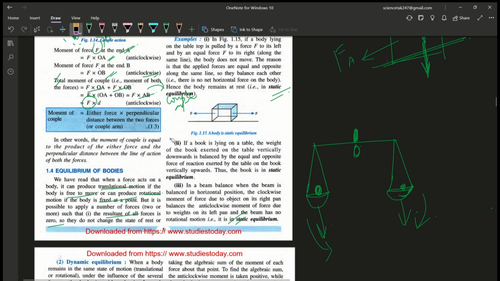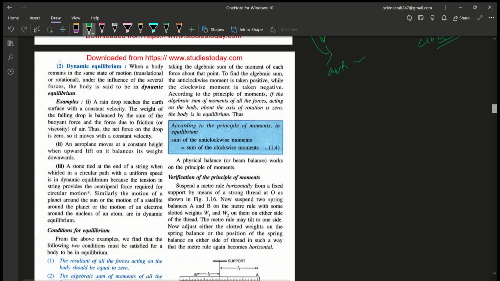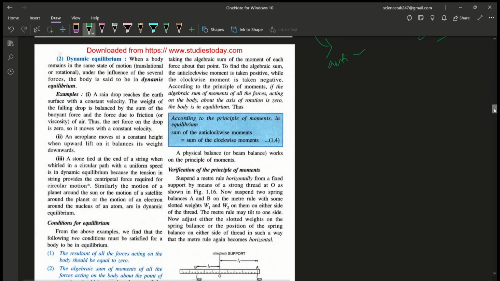This is going to cause clockwise. This is going to cause anti-clockwise. The anti-clockwise moment of force due to the weights on the left pan and the clockwise moment due to that on the right pan are going to be equal, and therefore an equilibrium is going to be established. What kind of equilibrium, my students? This is going to be your static equilibrium.